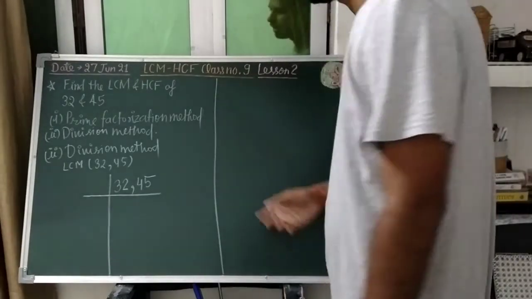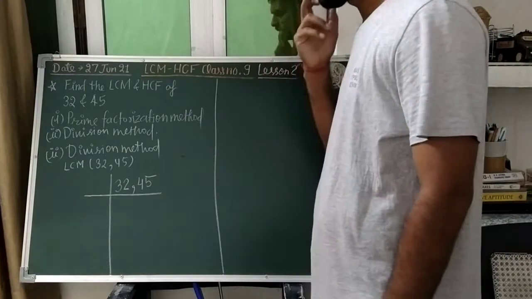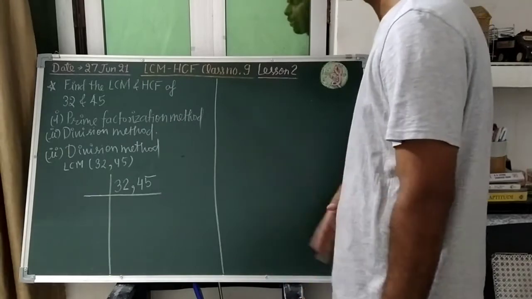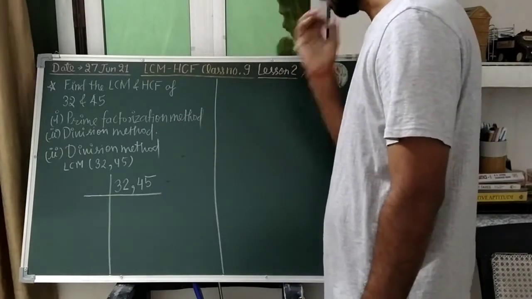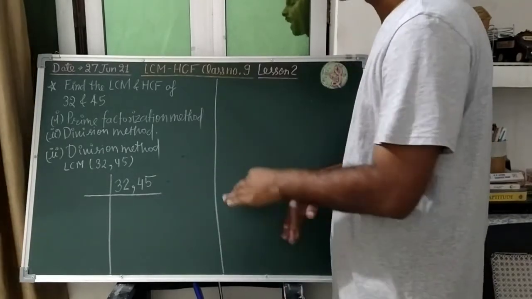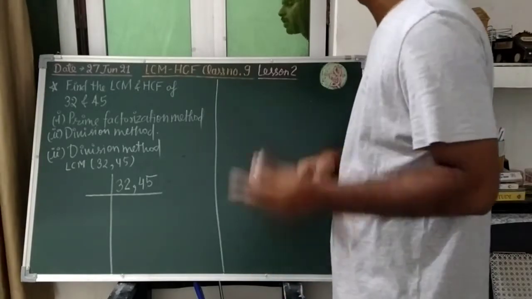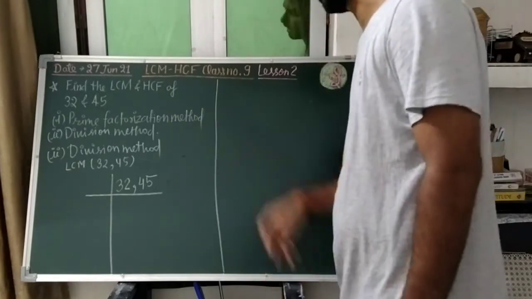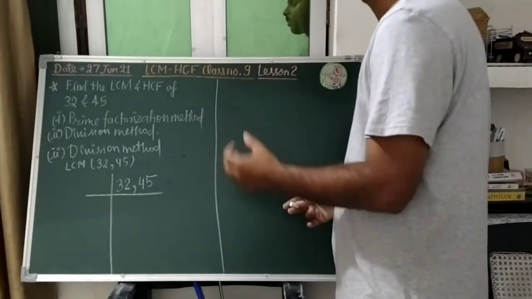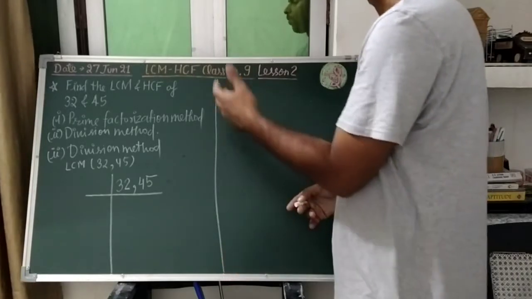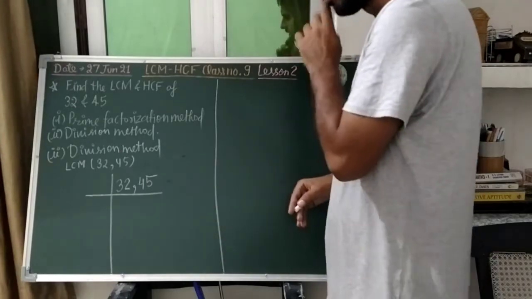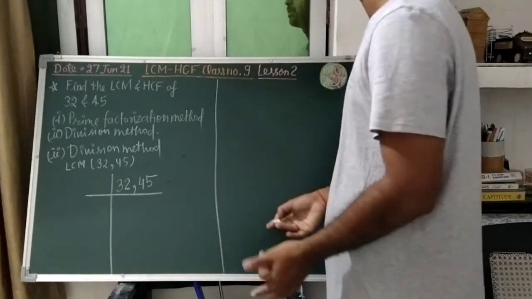Look students, in the division method of LCM, whatever numbers are given in the problem, we shall select all of them. Here there are two numbers, so we select those two and apply the same rule we used in prime factorization. But in prime factorization we selected one number at one time, and for a composite number we move from 2 to 11, and for a prime number we select the number itself.